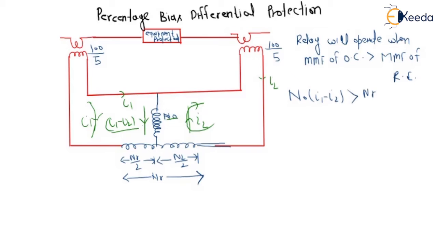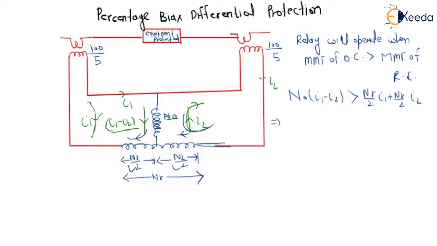So basically, see guys, this NR is divided between two parts. In half the part I1 is flowing, and in the other half I2 is flowing. The basic thing is that the current is in the same direction if you look carefully. So we can say NR by 2 into I1 plus NR by 2 into I2. This is the condition for the relay to operate.